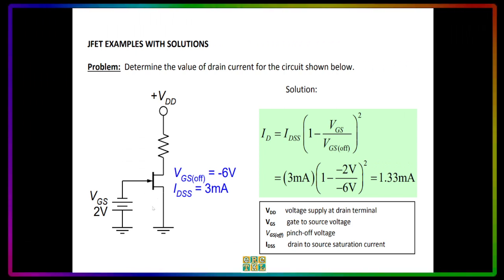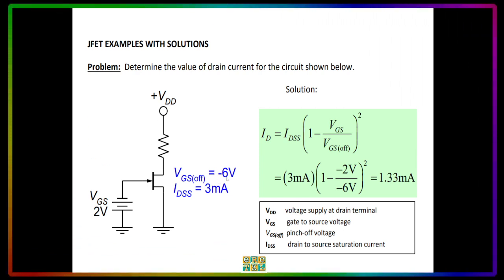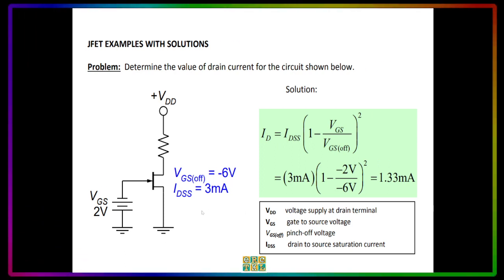VGS off is also the pinch off voltage, so the VGS off is -6 volts, or the pinch off voltage is -6 volts. IDSS means drain to source saturation current.